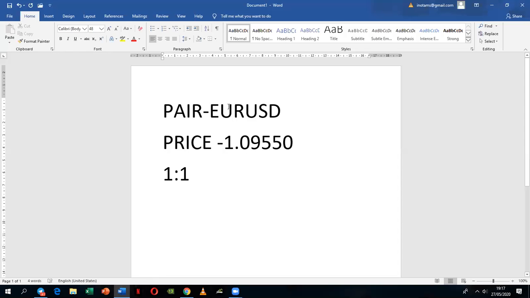We're trading EUR/USD at the price 1.09550. So guys, is there anyone who knows how to calculate the number of pips? Or is there anybody who doesn't, so that I address that issue right now? I want to talk about that together with risk and leverage at once.